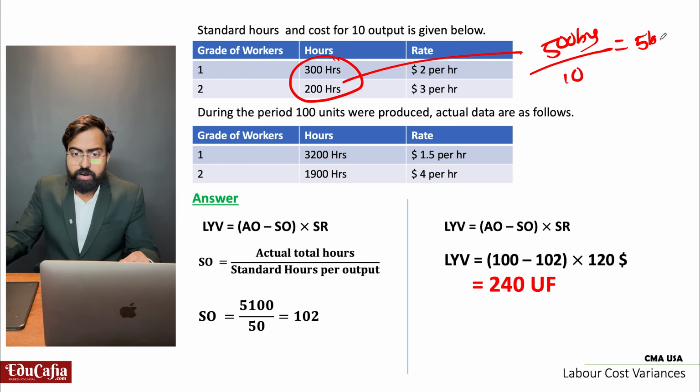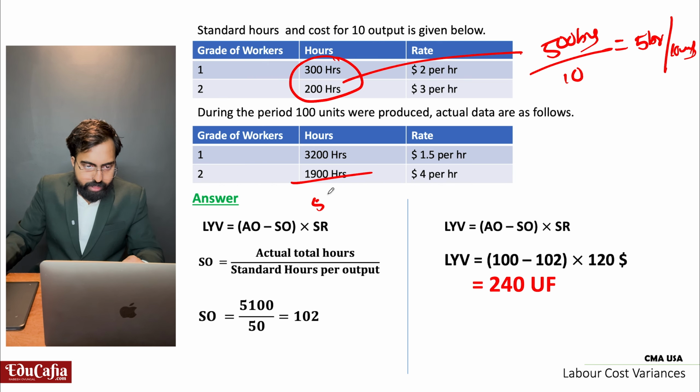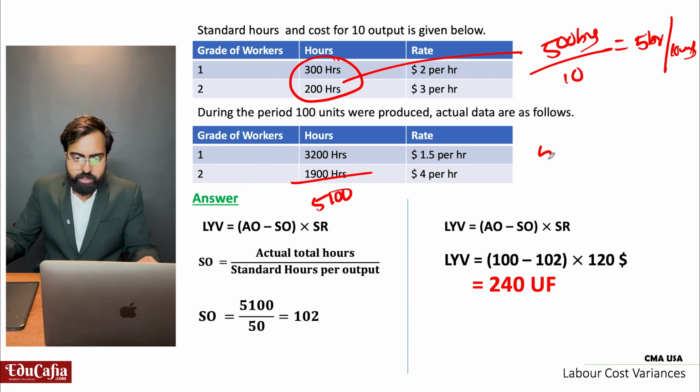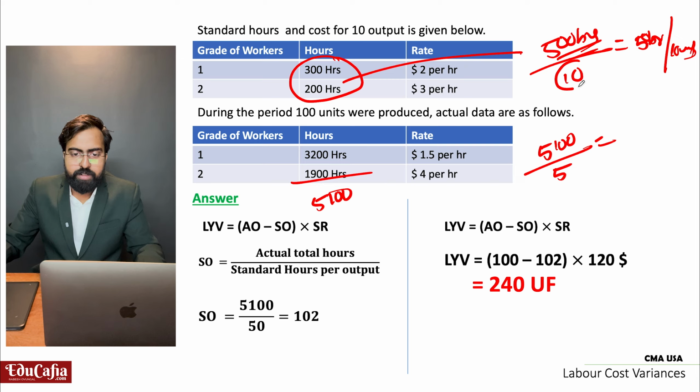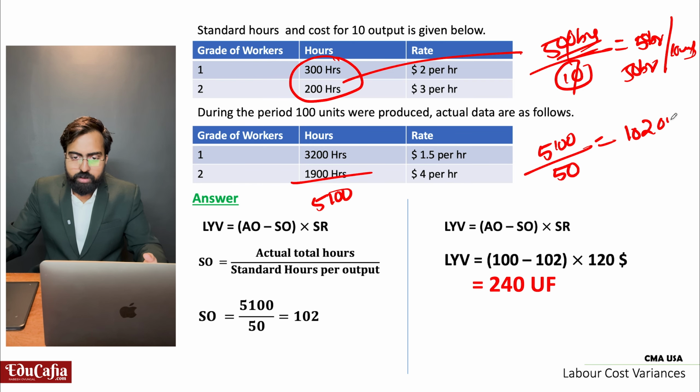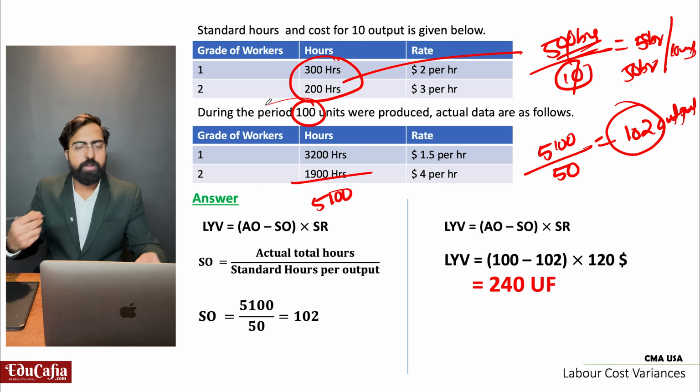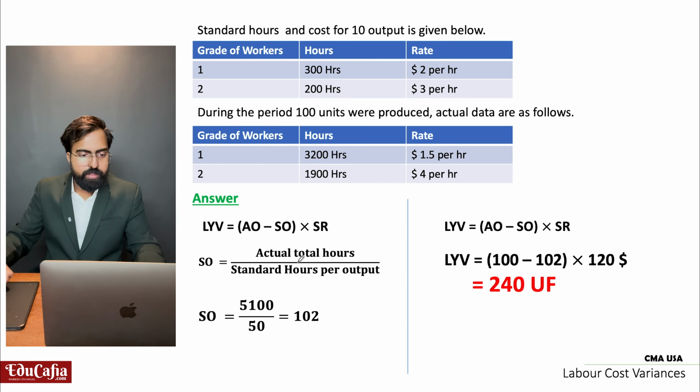If I divide 500 hours by 50, I should get 10 outputs... so I should get 102 output, but I got only 100 output. So my standard output is equal to 102.